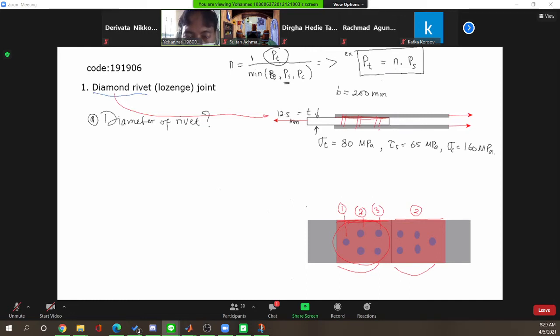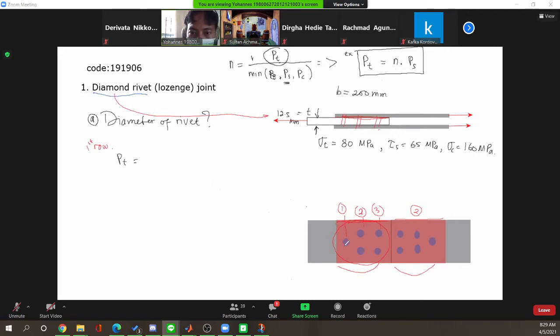Okay, so first is the first row. For the first row, we will calculate the maximum tensile load that can be resisted by the first row.